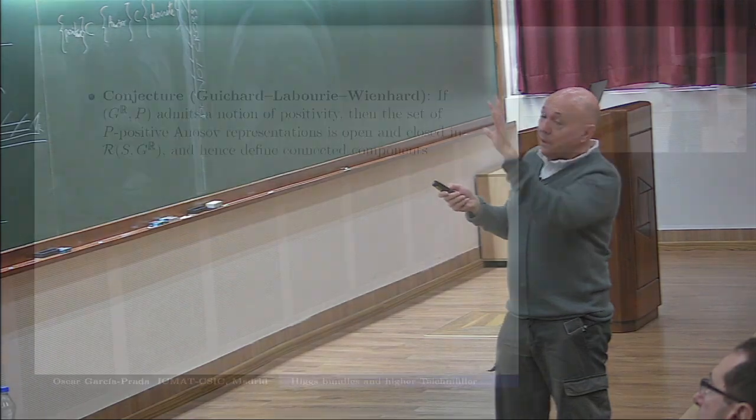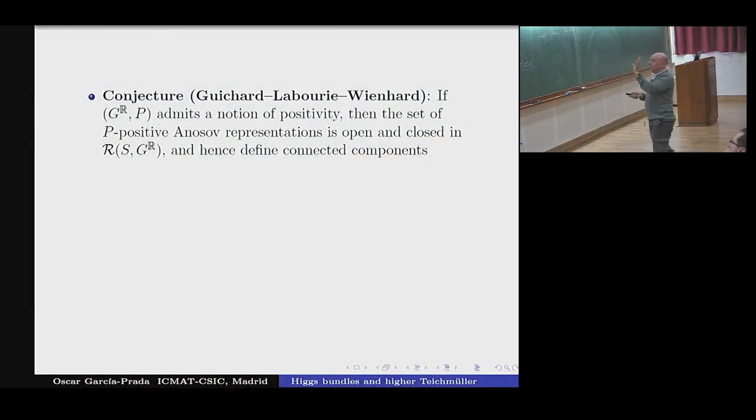Yeah, so this is still a conjecture. The conjecture is that positive representations, well, that they are open is easy, and that is known. The Anosov ones were already open, and this is also open here, right? What is really the conjecture is that it's a closed condition.